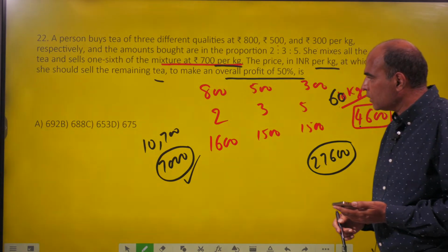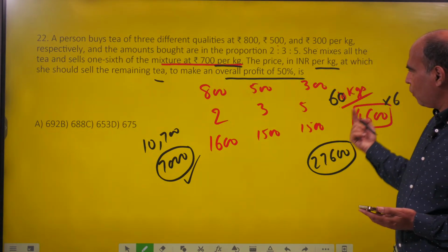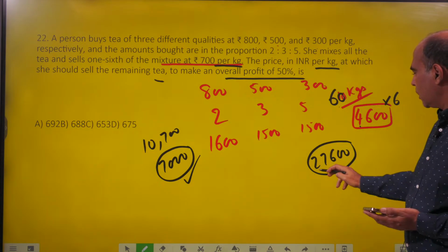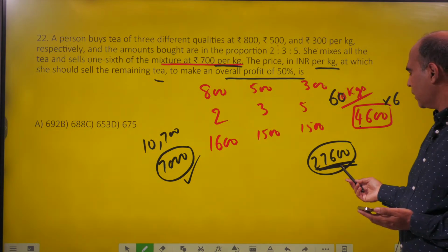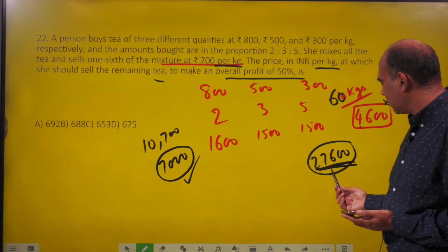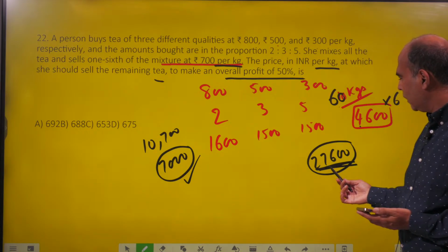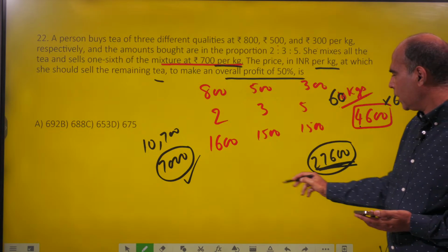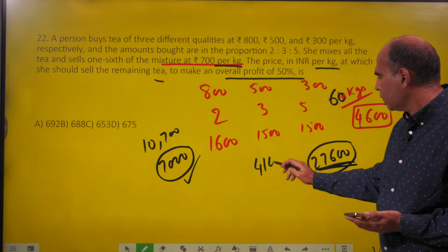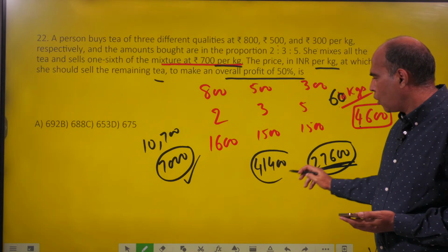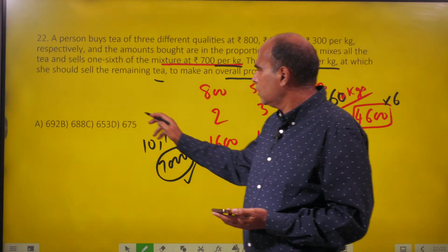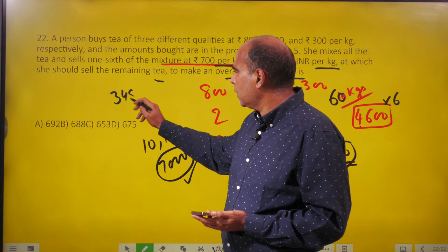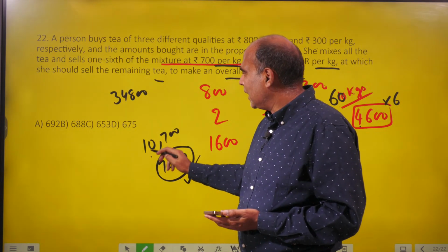So the target revenue is 50% more than this. If you multiply this by 1.5, you're going to add 13,800. So your target revenue is 41,400, out of which you already earned 7,000. So the remaining revenue you want is 34,800 by selling 50 kgs more.